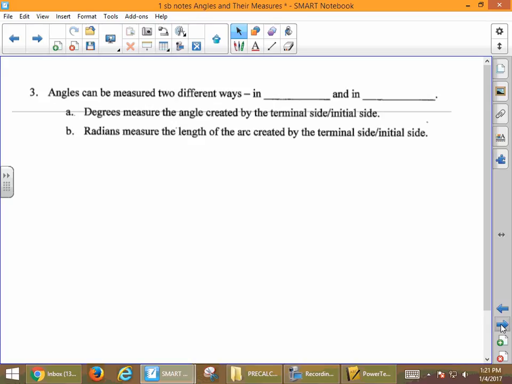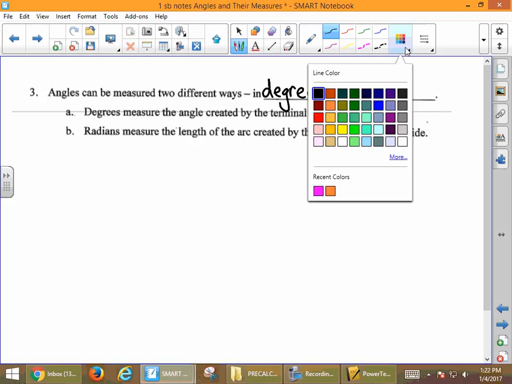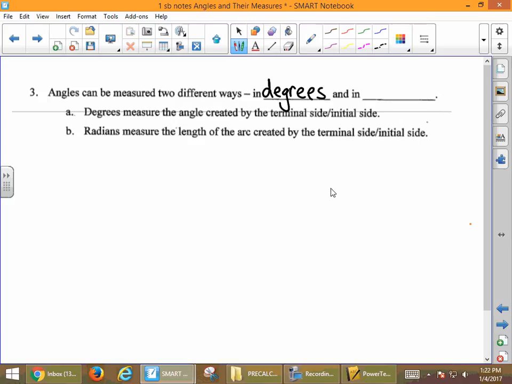Angles can be measured in two different ways. They can be measured in a way that we're used to, which is in terms of degrees, but they can also be measured in terms of radians. This is where you might want to get your highlighter out.